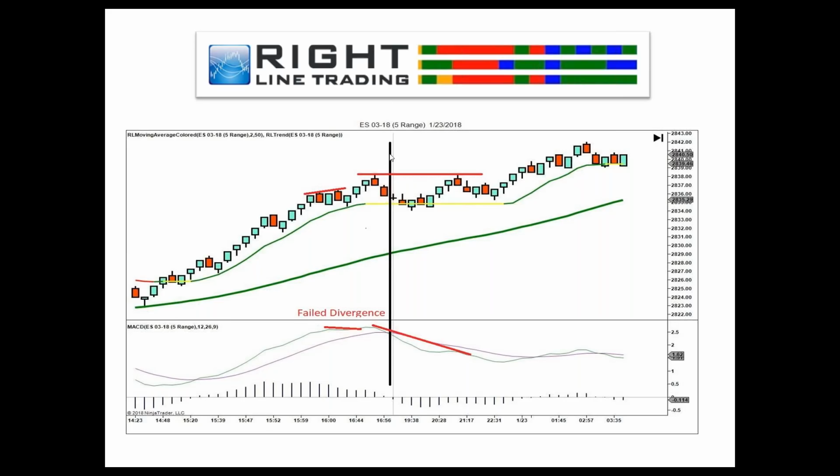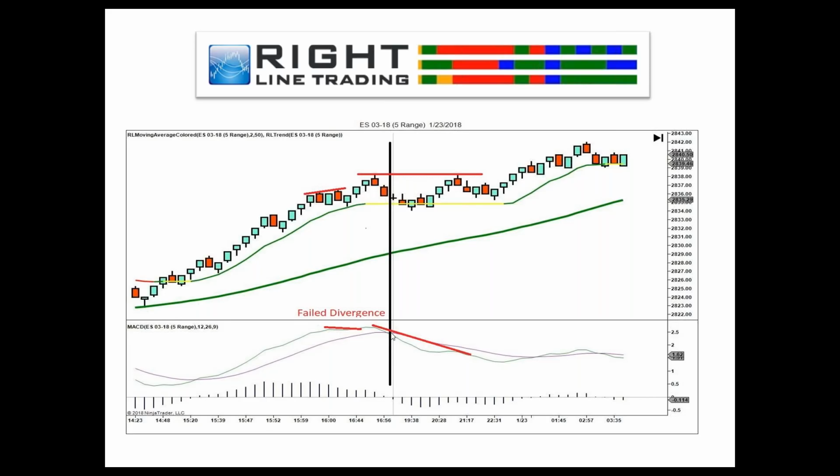Now, the black line is a crossover between the MACD line and the signal line. If you were trading this, you would go short here. You could see you went basically to support and then continued, and price continued to rise.